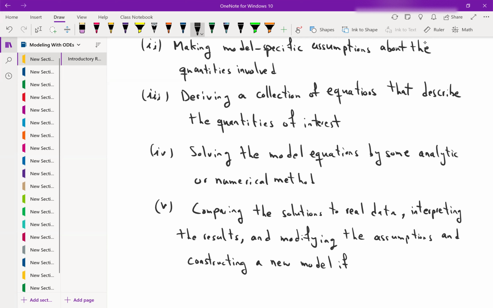If we see that the data does not approximate the results of our solutions, they do not approximate the real data to the degree of accuracy that we desire, obviously that means that this model is not a good model. Maybe we need to change certain aspects of our model, starting with reconsidering the assumptions that we made about our variables, if needed.